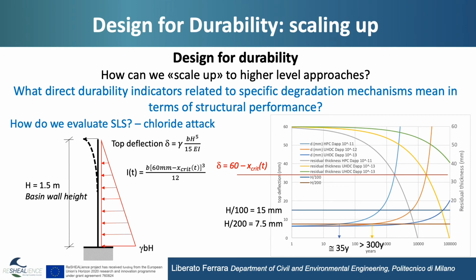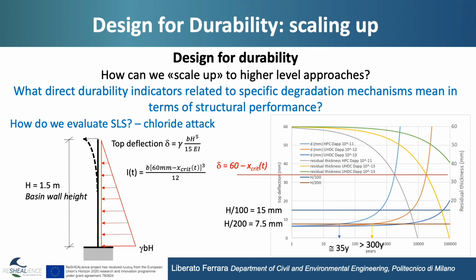So calculating the deflection and putting some limits, for example, 1 over 200 of the height of the wall, 1 over 100, or even some other limits. And you can see that once again, depending on the value of the apparent diffusion coefficient, 10 to minus 11, 10 to minus 12, 10 to minus 13, you may have different times in which you meet this threshold requirement.